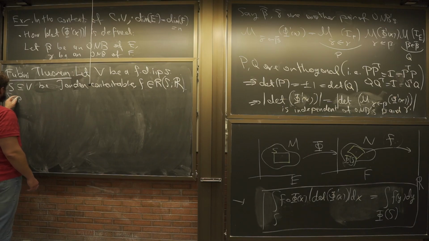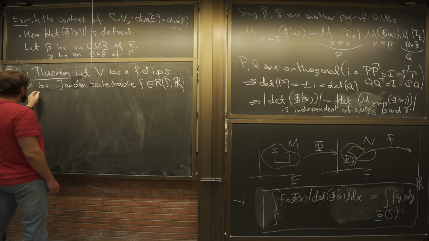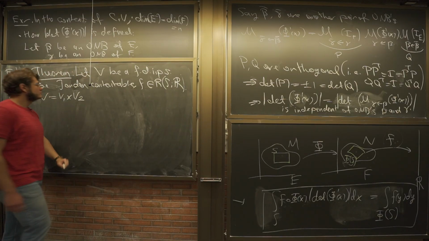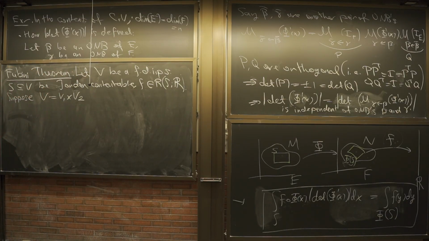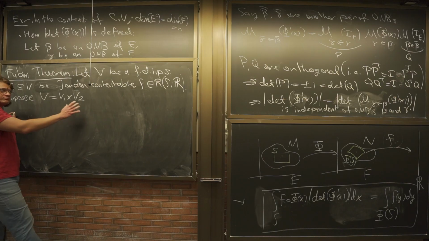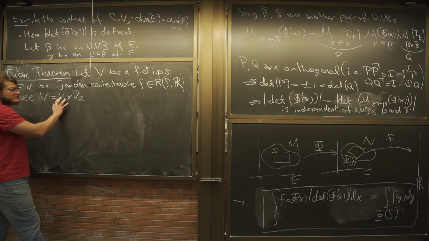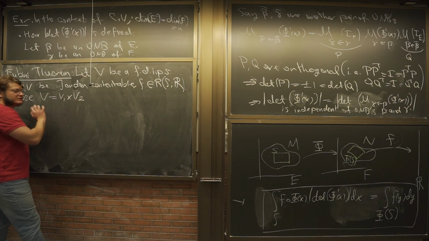Suppose V is of the form V1 times V2. And when I write it like this, I really mean also, because these are supposed to be inner product spaces, any vector in this direction is orthogonal to any vector in this direction.